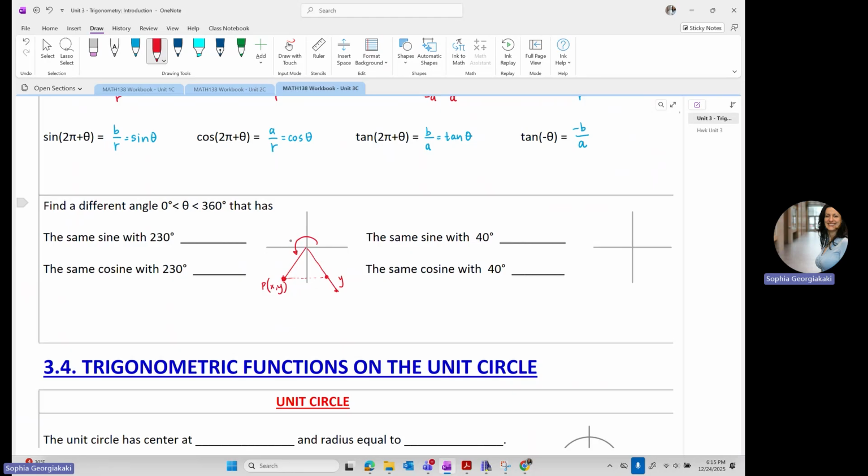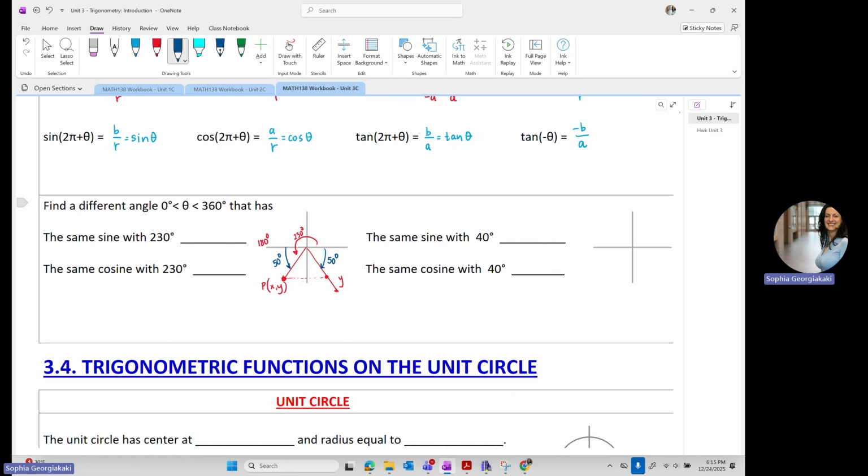From 180 degrees to 230 degrees, which is this angle, the difference, the reference angle, is 50 degrees. And therefore, this reference angle will be 50 degrees. I cannot say that the angle is negative 50, because negative 50 is not an angle from 0 to 360.